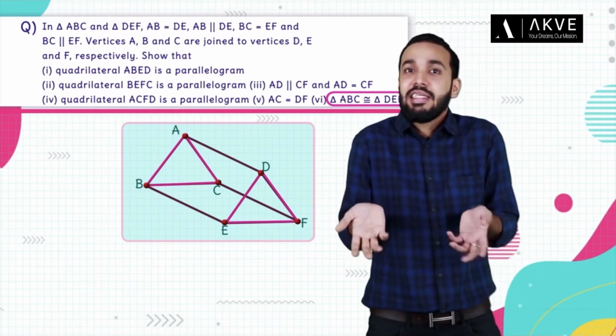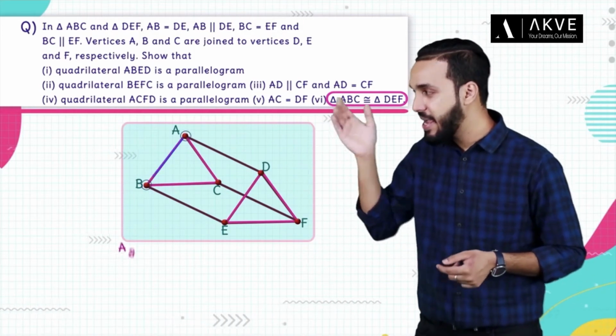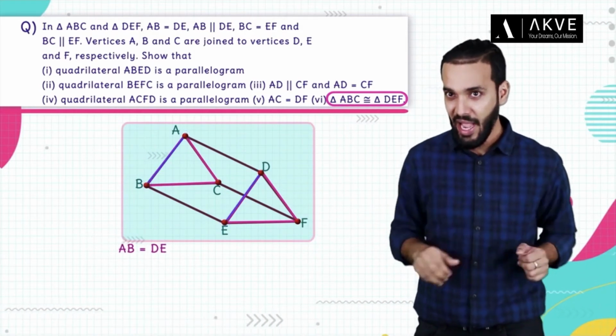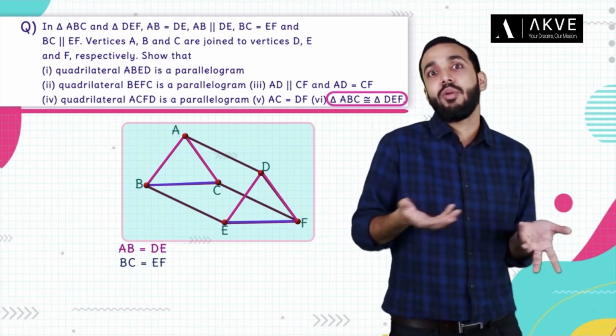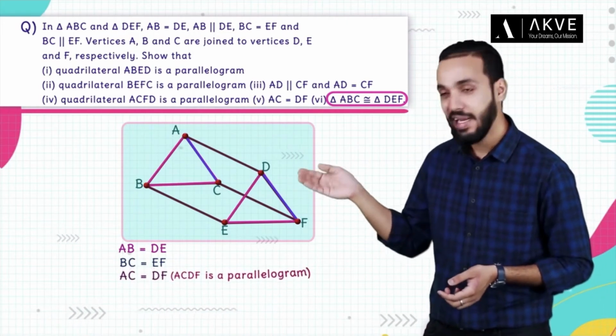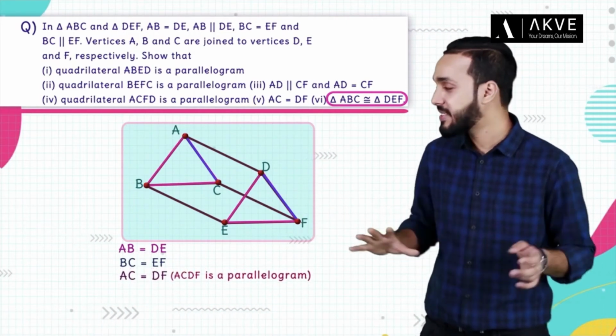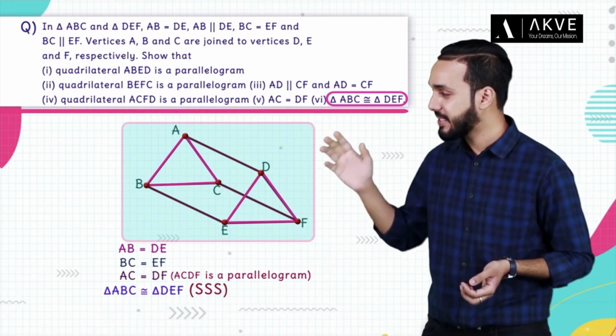This one's as easy as ABC. The question itself tells us that AB is equal to DE and BC is equal to EF, and we just proved in the fifth requirement that AC is equal to DF. So, side, side, side. Thus, these triangles are congruent by the SSS criteria.